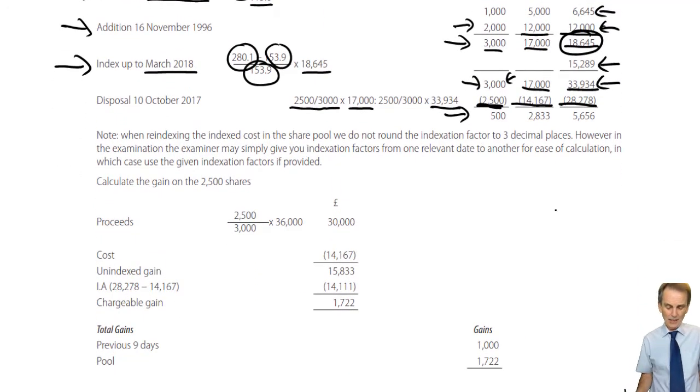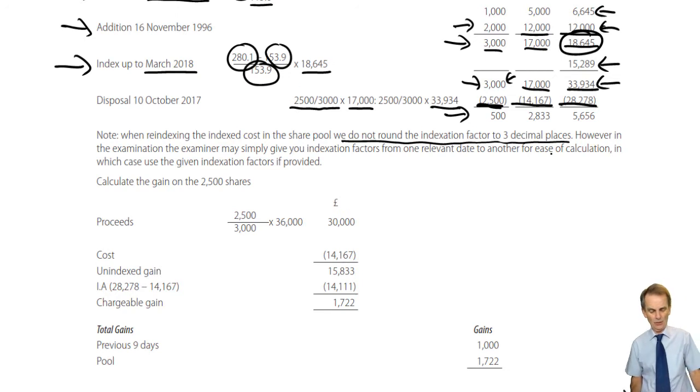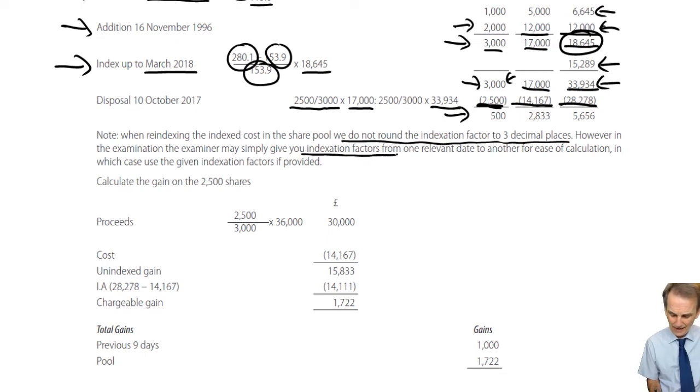Note that when re-indexing the index cost in the share pool, as we've kept on saying, we do not round the indexation factor to 3 decimal places. What may, however, happen in the exam, and this more usually happens as we'll see at the end of this chapter, when dealing with takeovers, to make life easier for you, not to trick you, not to make life any more difficult, but to actually simplify it, the examining team may give you indexation factors from one relevant date to another for ease of calculation.